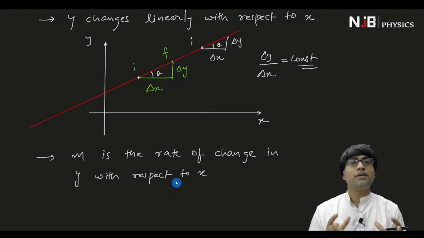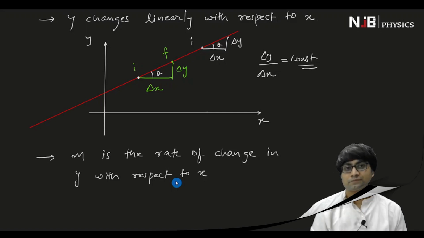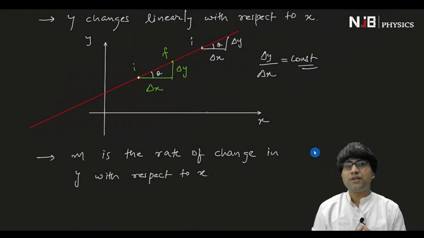If two quantities are linearly related, it simply means that one quantity is changing at a constant rate with respect to the other quantity. Well, in fact, here we can consider a practical situation. Let's imagine that I earn 100 rupees every day.